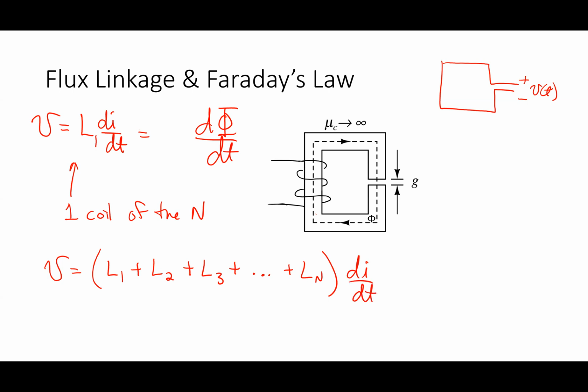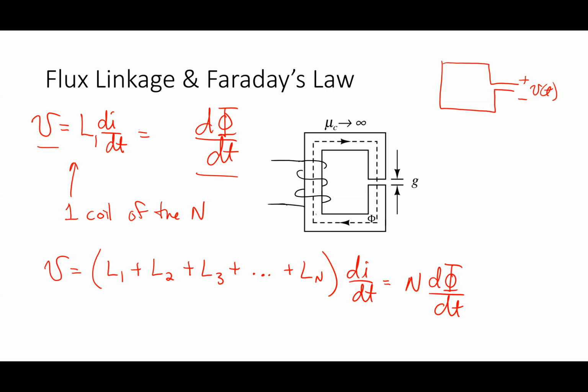Now, we can show this pretty easily, but what do you think is true about the inductance of each one of those coils individually? They're all the same, right? So basically what this becomes is N times, if the flux through any one of them is d phi by dt, the flux linking the entire thing is N times d phi by dt, right?